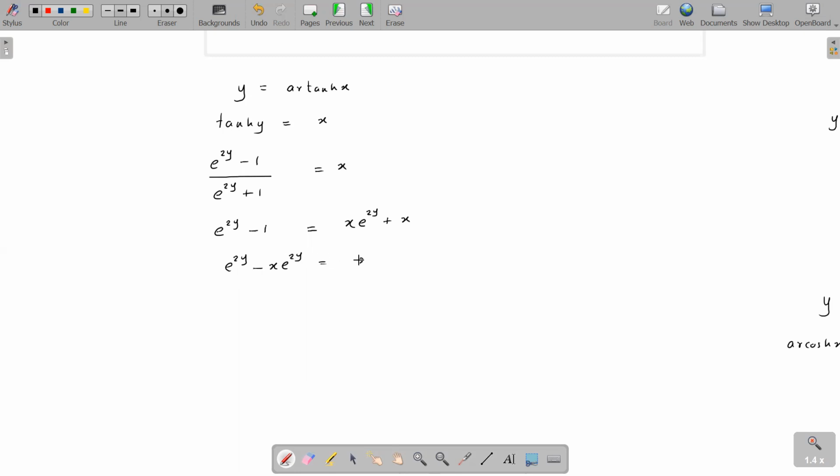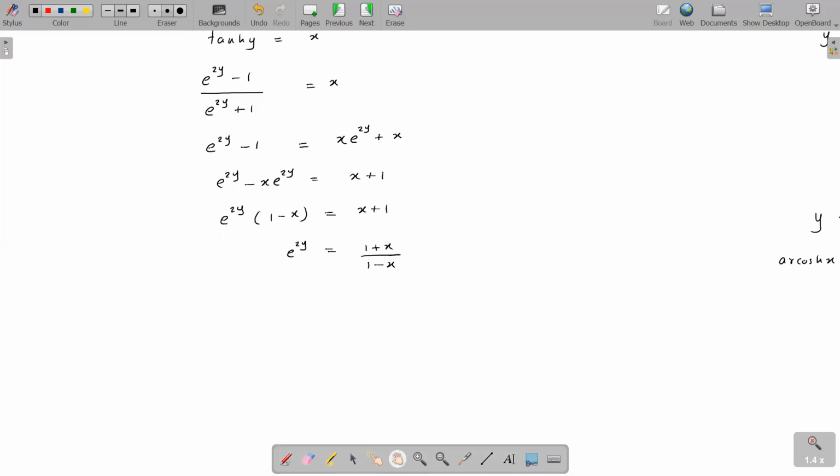So take all the e to the power 2y's to one side and take e to the power 2y out. So it's 1 minus x. So e to the power 2y equals x plus 1, or you can say 1 plus x over 1 minus x. Over here, you don't have a lot of trouble, right, guys? And then you can use the natural log on both sides.